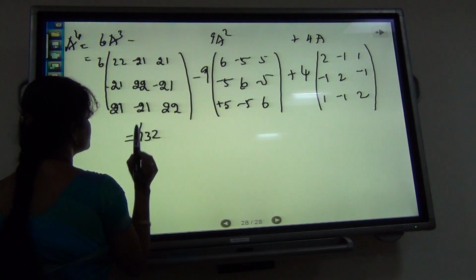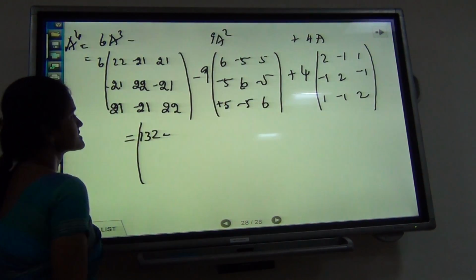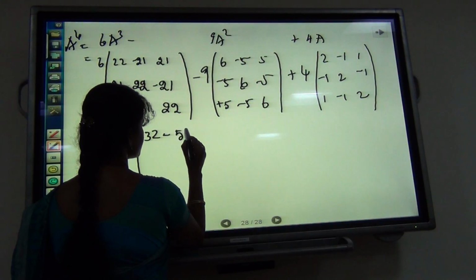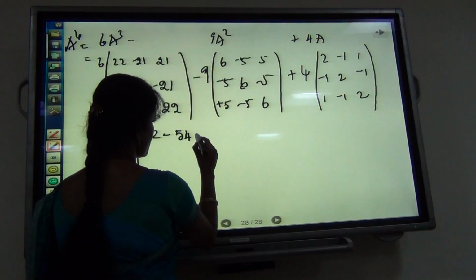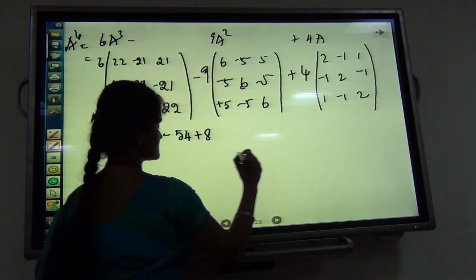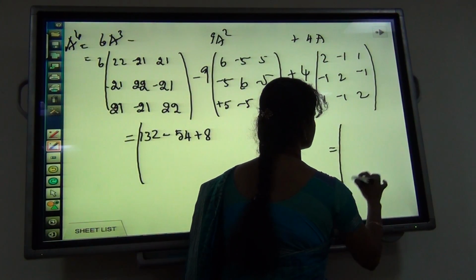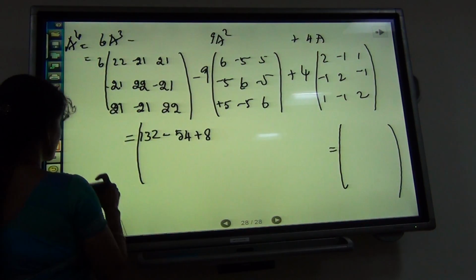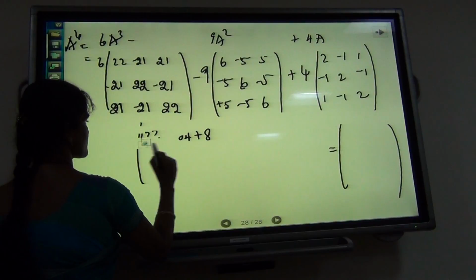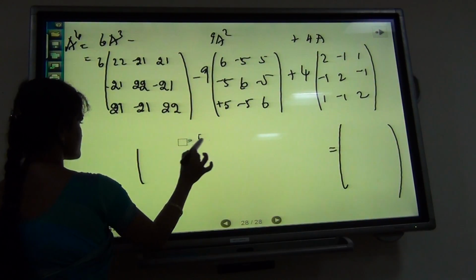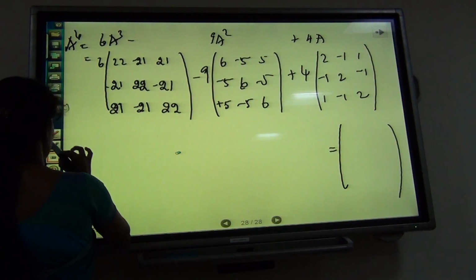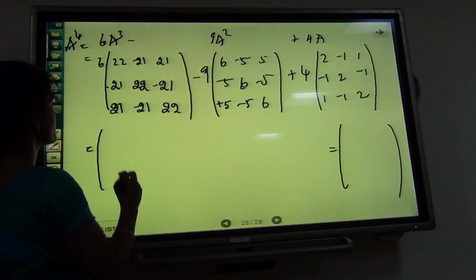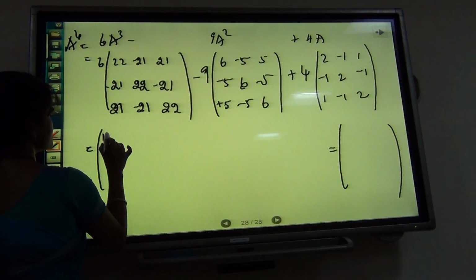So it is 132, minus 54 plus 8. We will start a little before this so that it will be easy for us to do it.